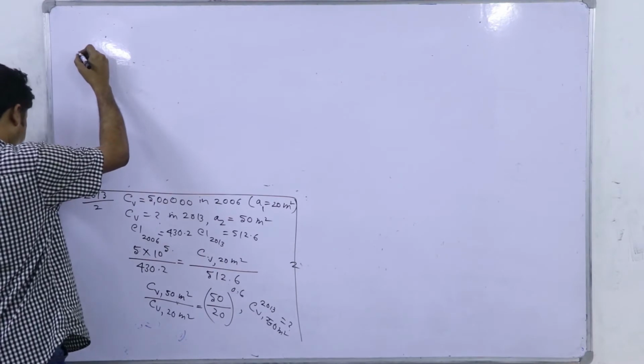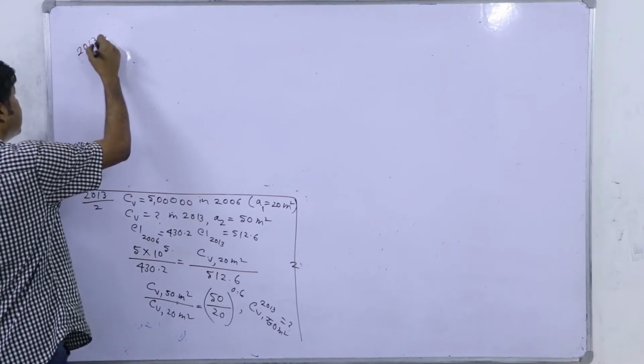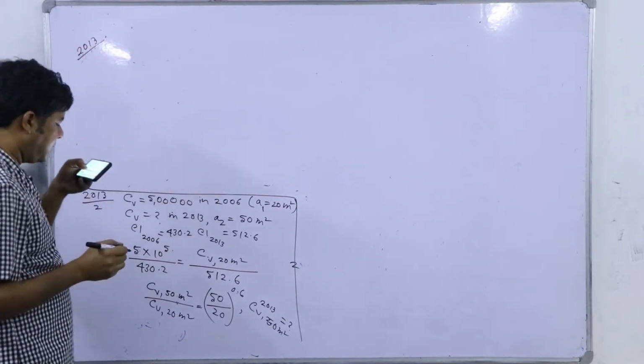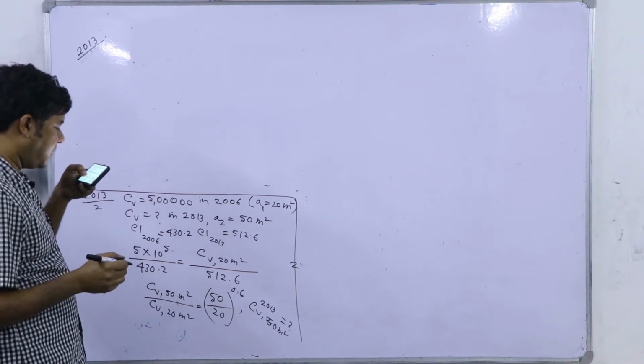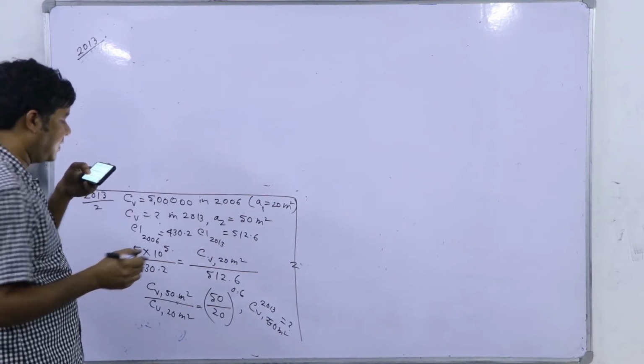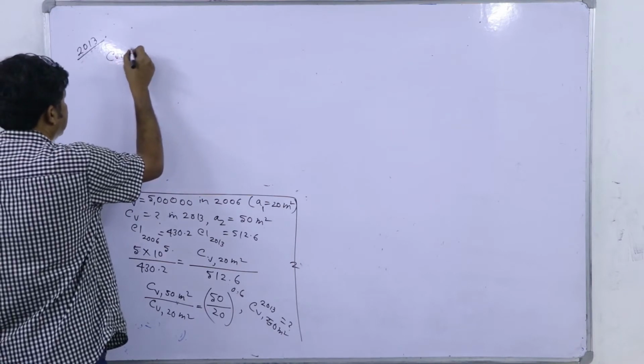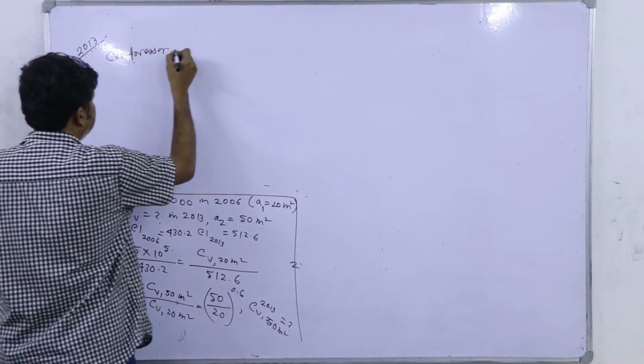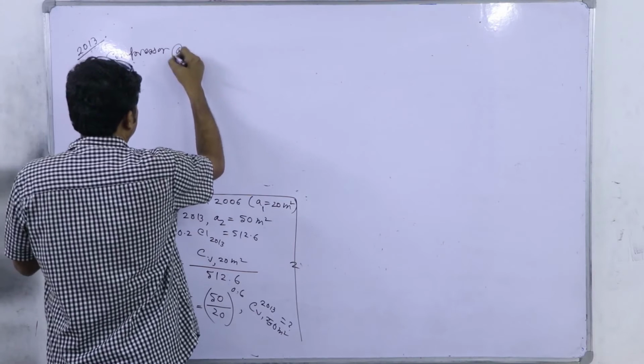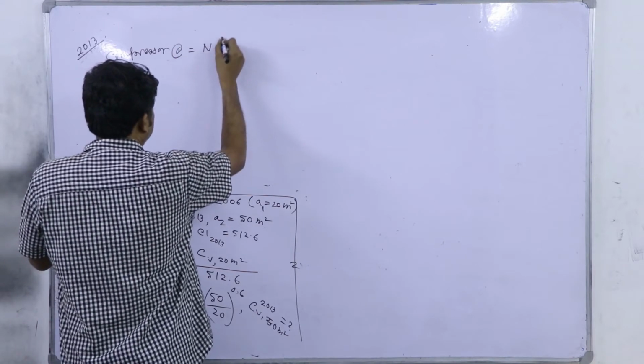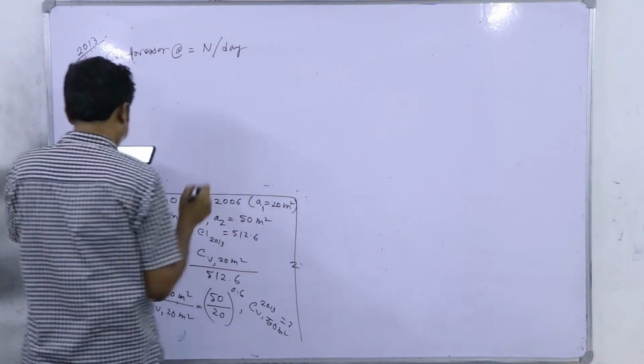This is also a 2013 problem. A plant manufactures compressors at a rate of n per day.